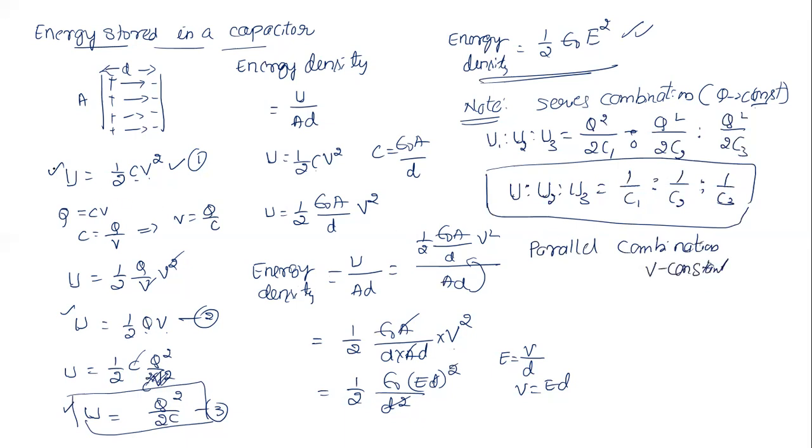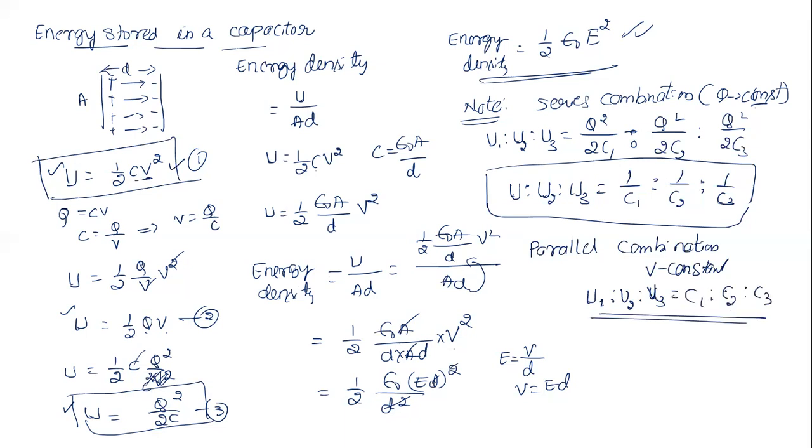So I need to prefer equation number 1 here. Since voltage is constant, I can directly write U1 ratio U2 ratio U3 is equal to C1 ratio C2 ratio C3. That's the ratio you can write directly.